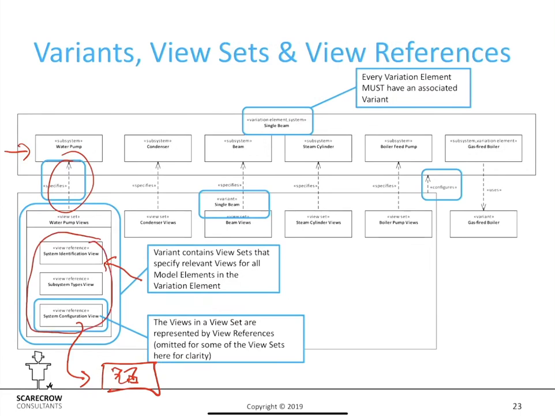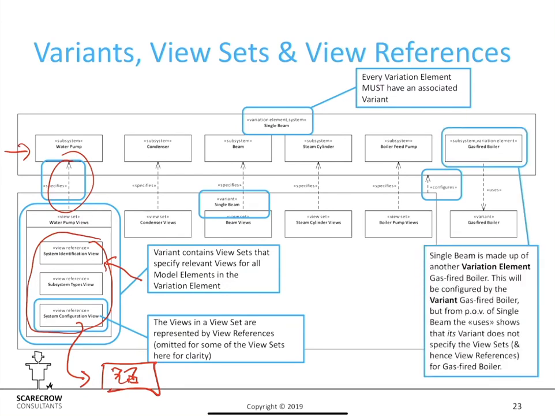Pretty much again, everything else on here can be automatically created, but the engineer has to then go in and say, okay, my water pump, it actually appears on these diagrams. Are the things on that diagram that I need exporting as part of my variation? If so, put them into the view set. And as I say, it's the things on the view set that are used to export that information.